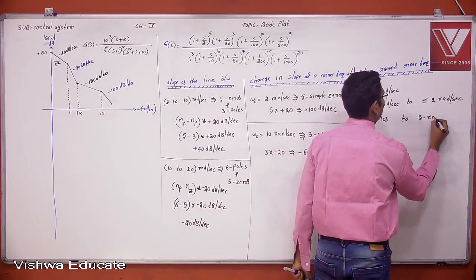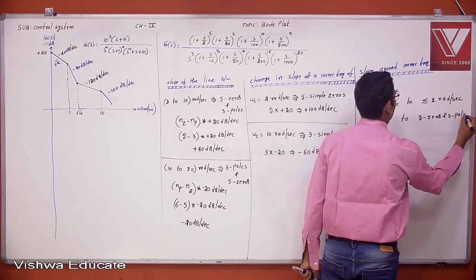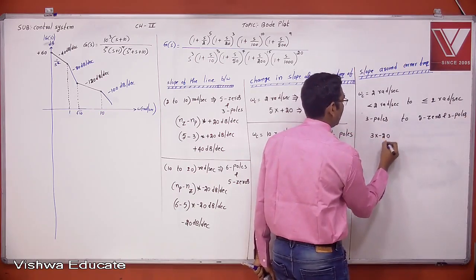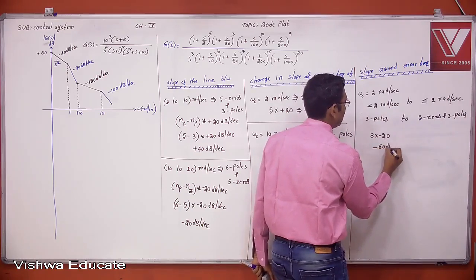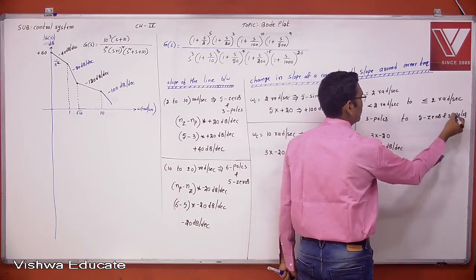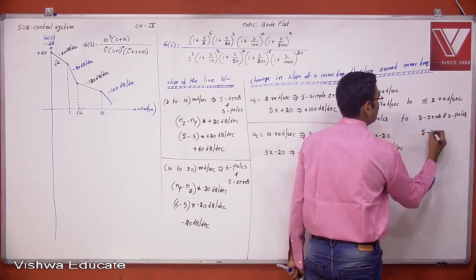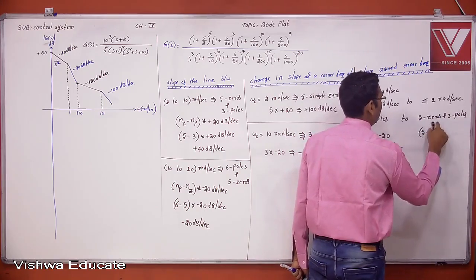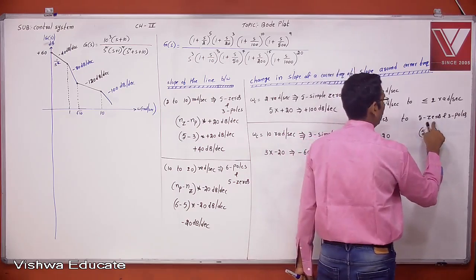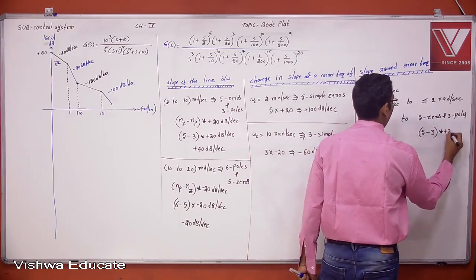5 zeros and 3 poles. So 3 poles means not an issue: 3 into minus 20 is minus 60 dB per decade. And with 5 zeros, 3 poles, who is dominating? Zeros are dominating. 5 minus 3 multiplied with, zeros are more, poles are less, zeros is plus 20.